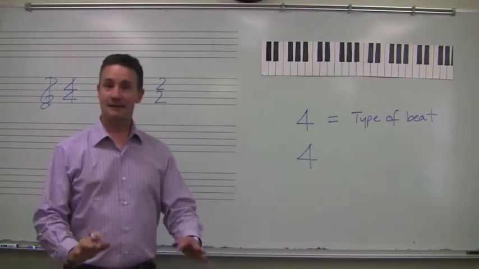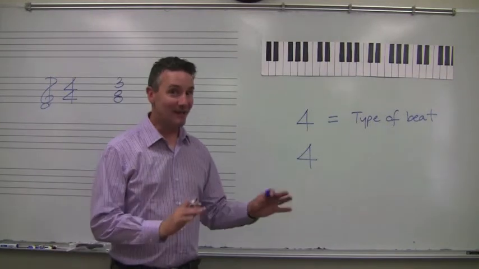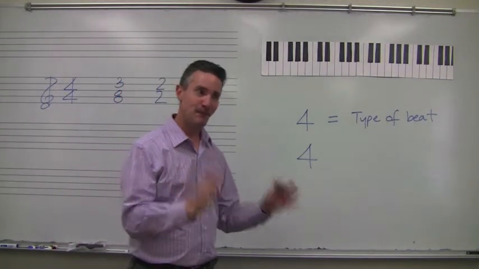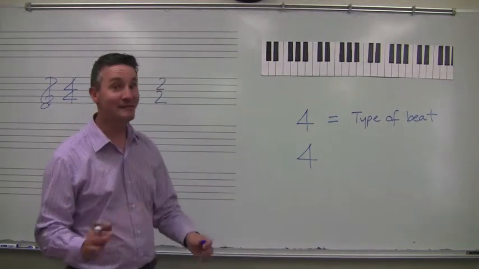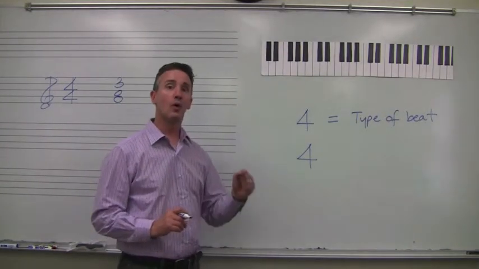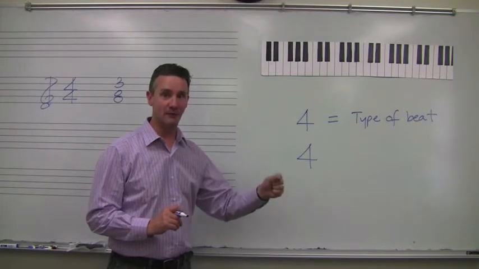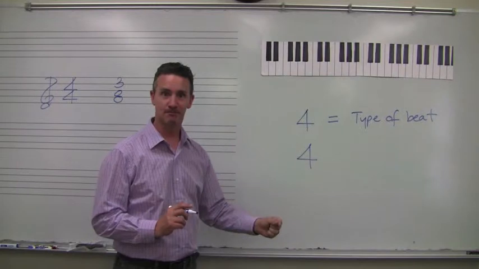And we will get into that more in a moment. That gets a little bit complicated, and so we're going to break that down and take that piece at a time. But it refers to the type of beat. That is to say, it essentially refers to whether or not the beat is simple or compound. And that tells you something about both the beat and the number of beats that you'll have in the measure.